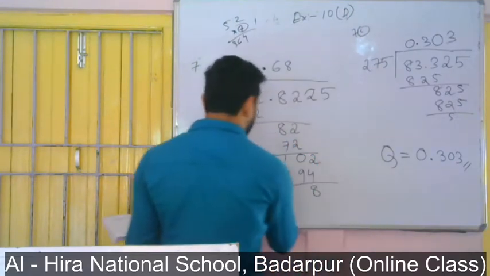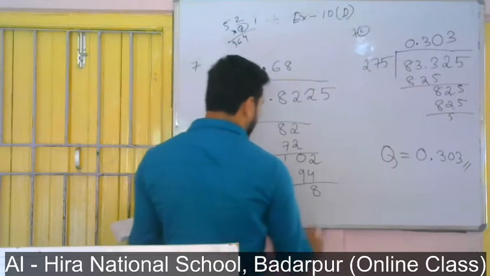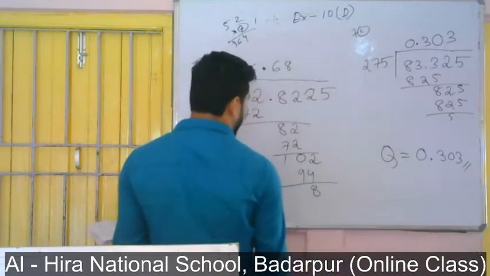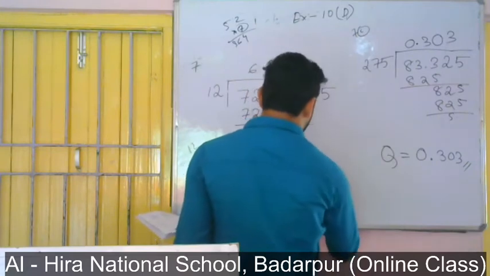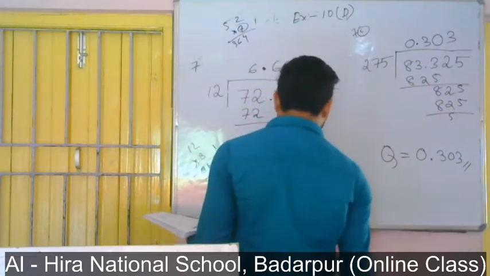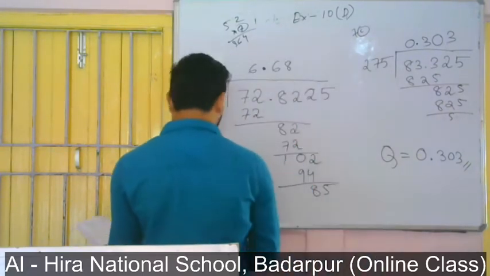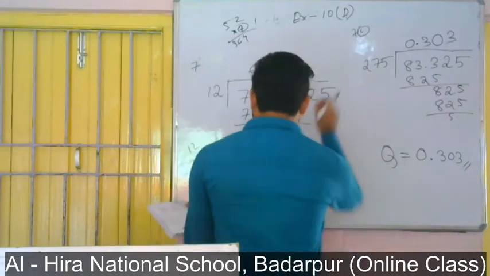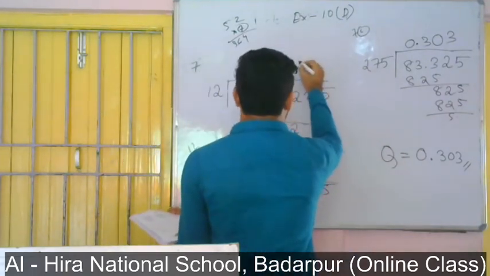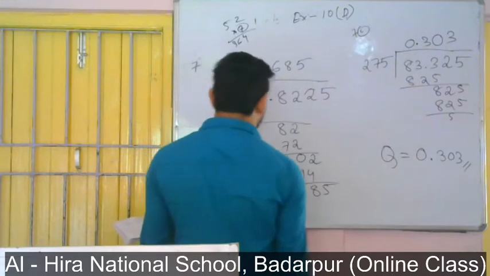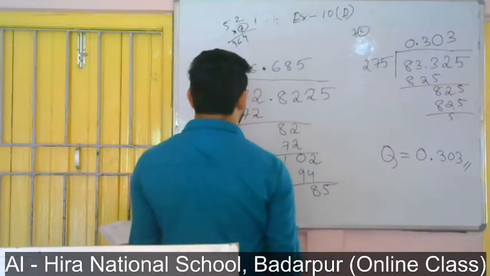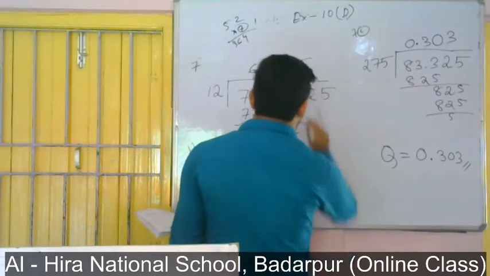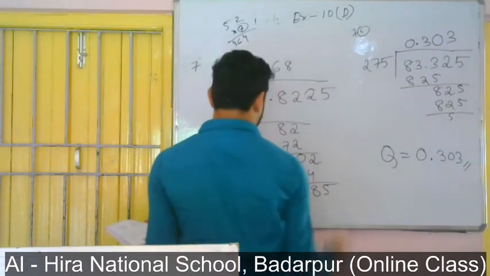You cannot write. Here also you have taken 1, so 8. So 8 is not divisible, so now we'll take 5. 12 5s are 60 and 12 6s are 72.